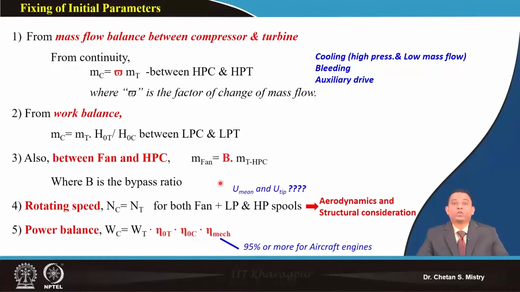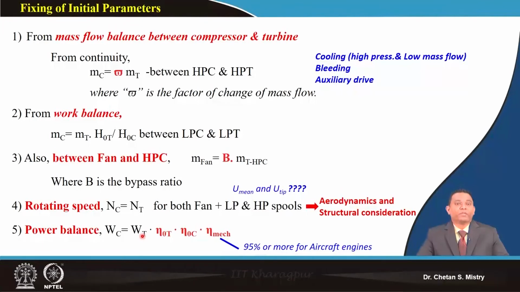We need to keep an eye on the mean peripheral speed and the tip peripheral speed. For the fan, because of the larger diameter, though it has low rotational speed, the flow may go transonic near the tip region, and that may reduce your efficiency. That's the reason why you need to keep an eye on this when selecting these numbers.